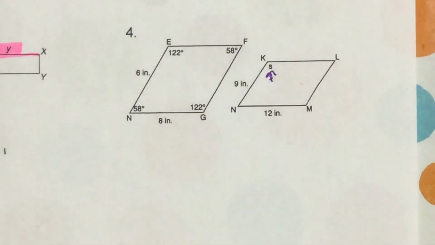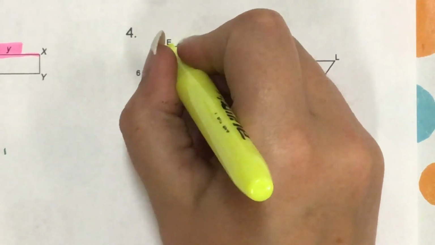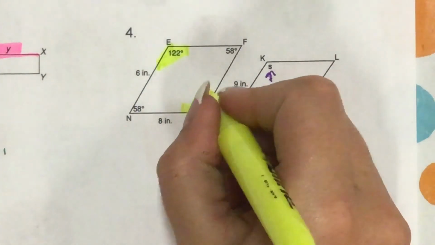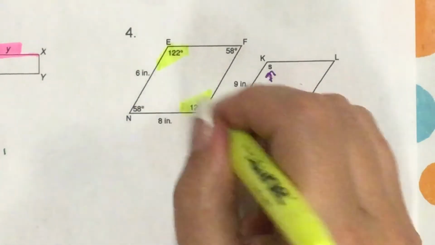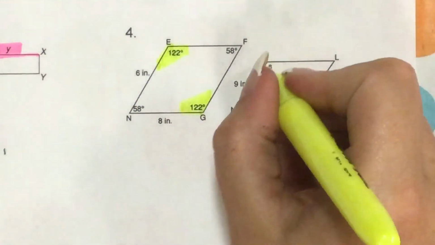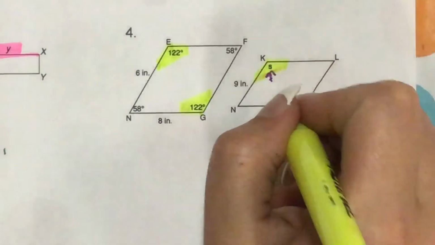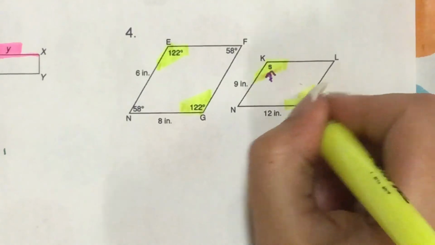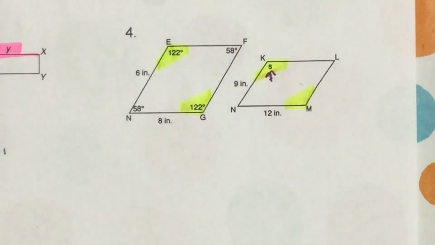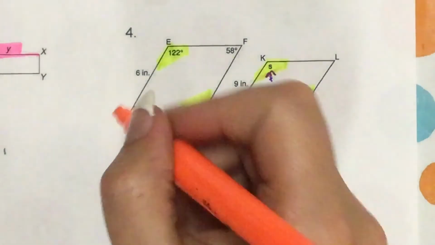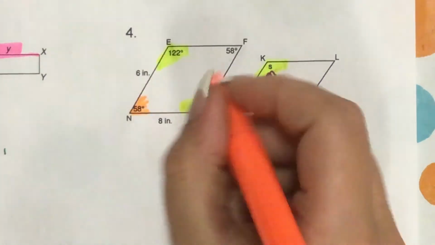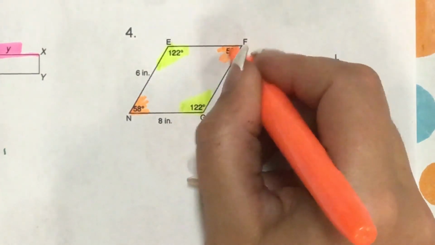Okay? So these are the same. This is my big angle. This is my other big angle. So the big angles are going to be the same measure as the big angles over here. And also, if you look, the small angle, which is this 58 degrees, is the same here as this small angle.